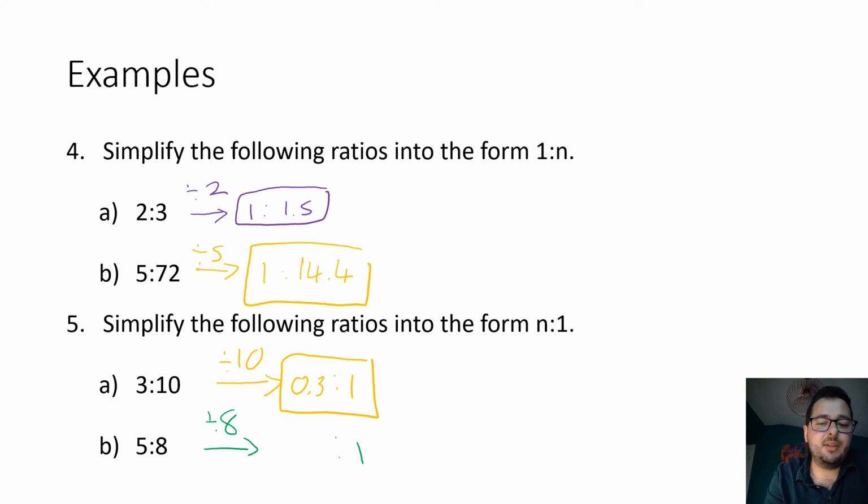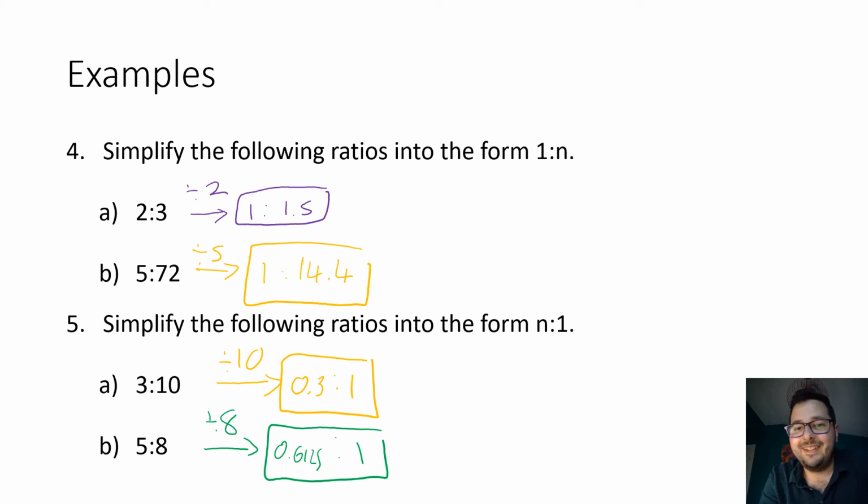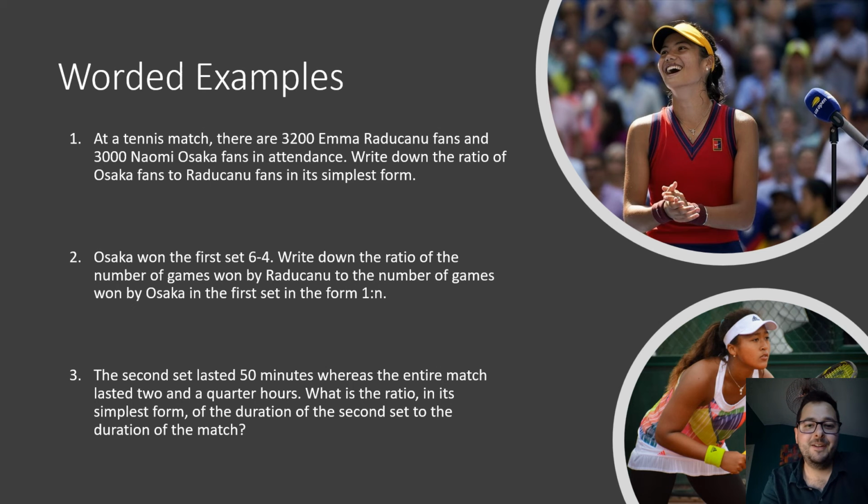Blimey, now you're testing me. There we go. So 0.6125. So that would double to be 1.25. Yeah, happy with that. 0.6125 to 1. Okay, there we go. Okay, and finally, just some worded examples to finish off with.